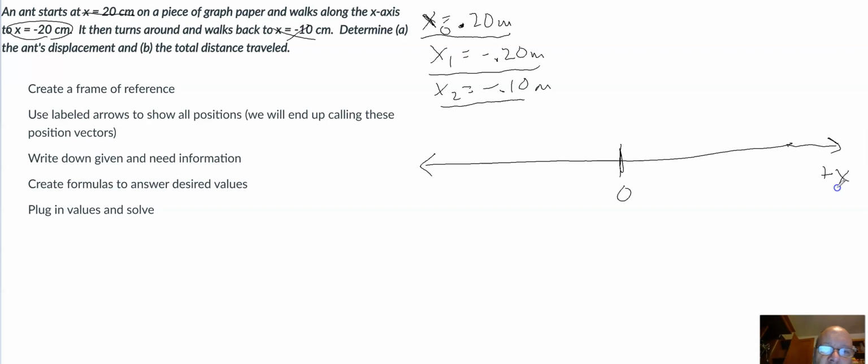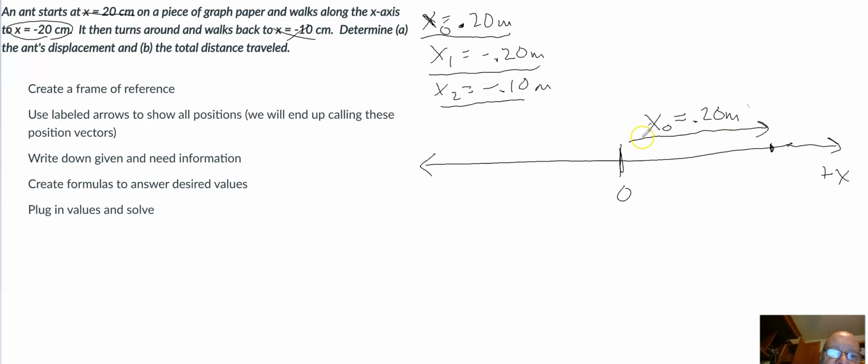Okay, so my first position is at this point right here, and I'm going to say that that position is shown by this arrow, and I'm going to say x0 equals 0.20 meters.